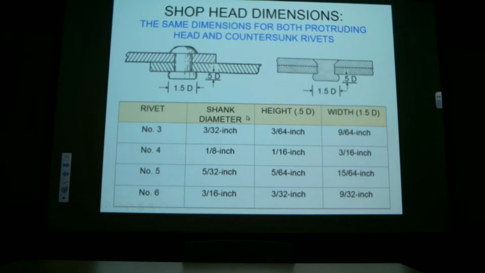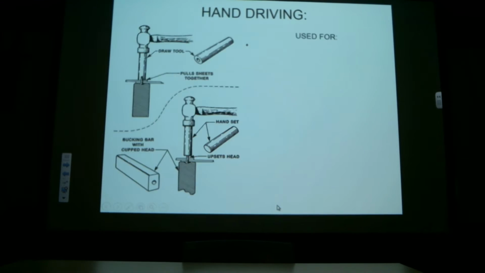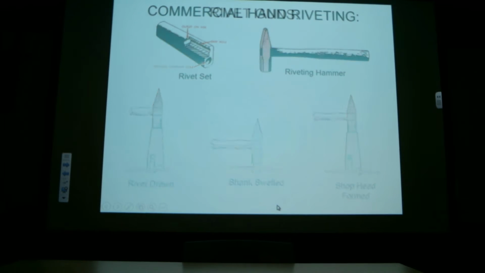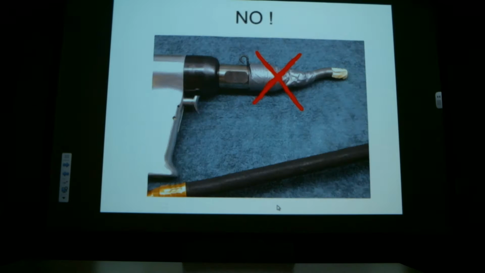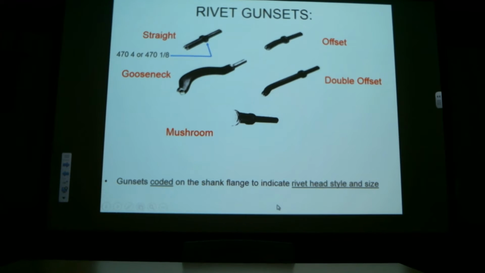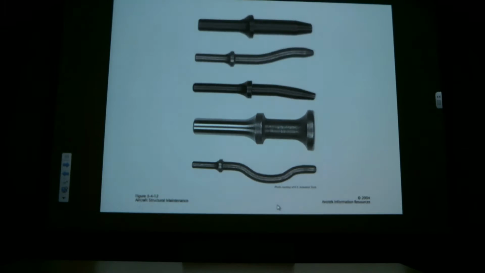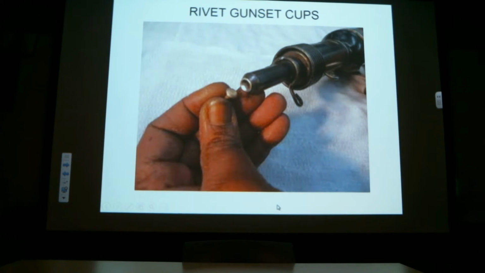Again, you should be able to apply the rule for the shop head dimensions. This is important. When you're driving universal head rivets, or actually any of the protruding head rivets, the cup has got to be sized to the particular rivet that you're driving.